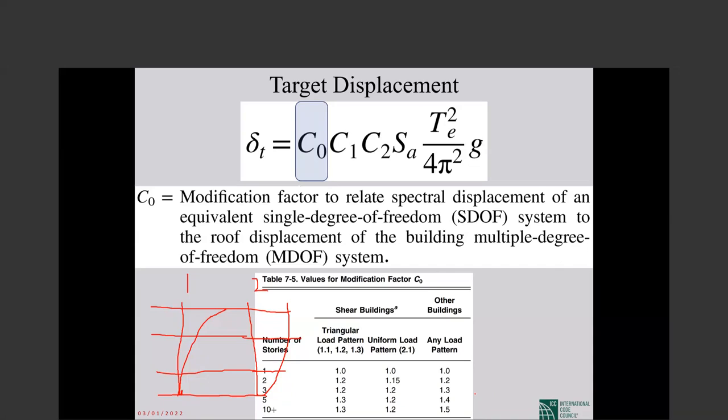This is the general type of behavior of the building as a whole, not for their elements. So for the multi-bay, multi-story frame, the elements undergo flexural deformation, bending deformation, but the building shows shear.